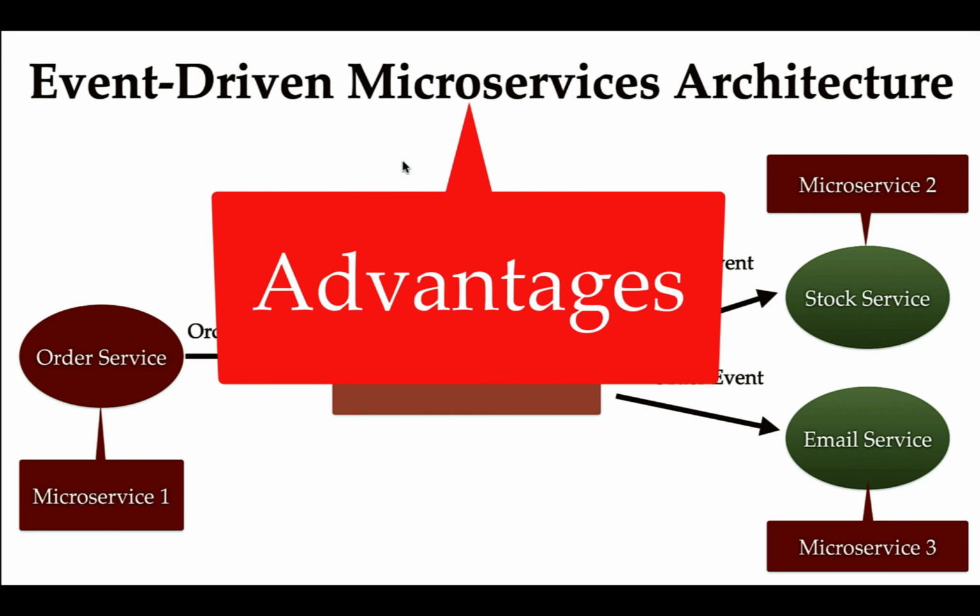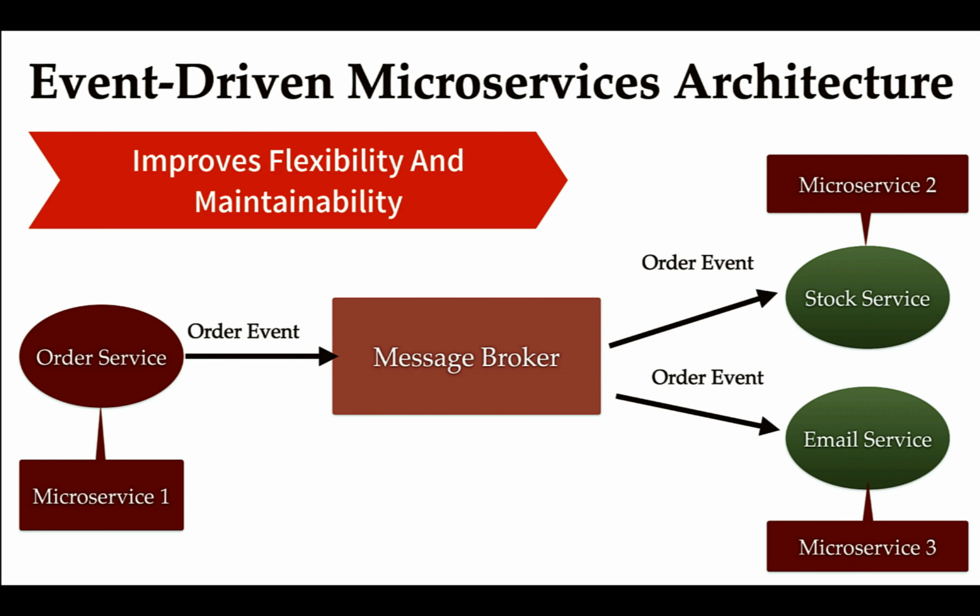Well, you might be wondering what the advantages of using event-driven architecture are. The first advantage is that it improves flexibility as well as maintainability. Maintainability plays a very important role whenever we develop an application. In this architecture, you can see order service is only responsible for collecting the order and creating the order event, and it places that order event in the message broker.